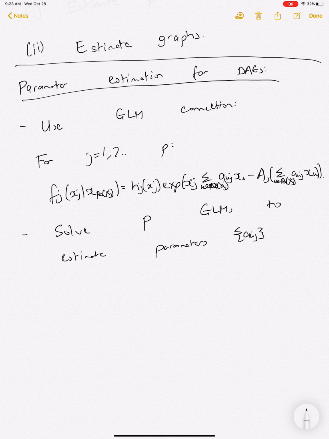So the parameters you're trying to estimate are these AKJs, and so you're just trying to solve these p parameters.